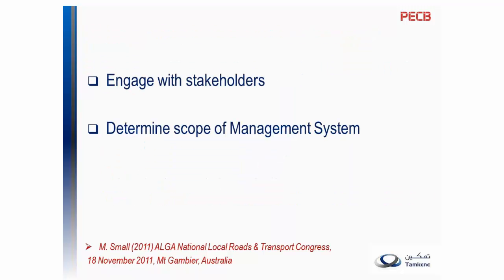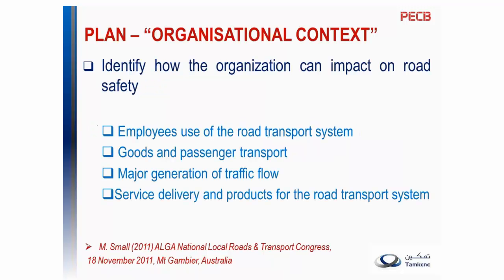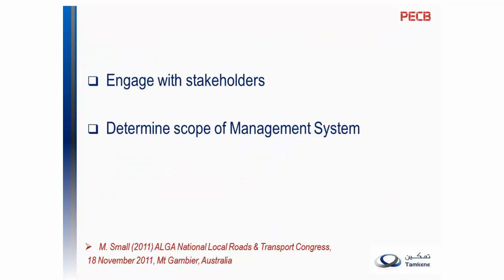Also, this will entail engagement of stakeholders and the development of the management system. So on the part of establishing the context, these are the things that we need to consider as far as developing the RTS.